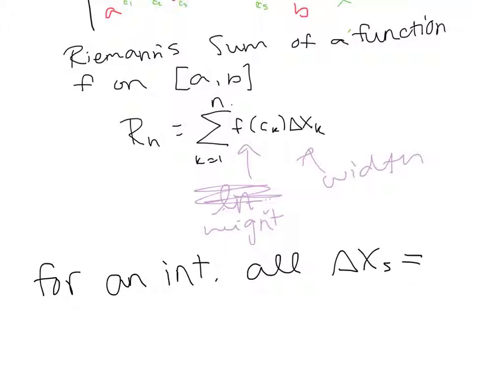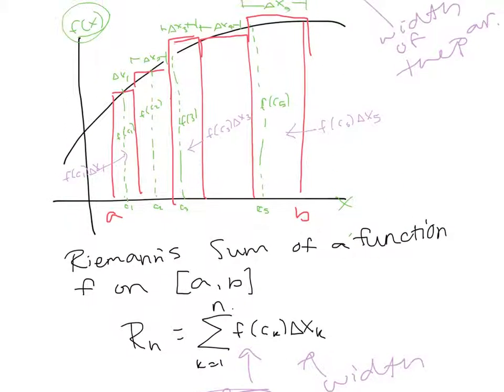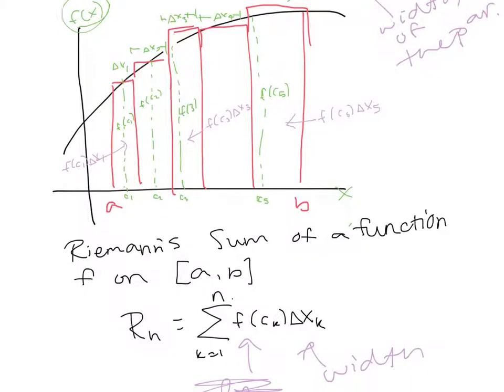Now, in the example I did above, I didn't care where I measured the height from in my rectangles, but you should care in an integral. Because here I didn't care, but in an integral I do care, let's look at what would happen to our Riemann sum if all of our widths were the same, and all of our heights were taken from the right, the left, or the midpoint.